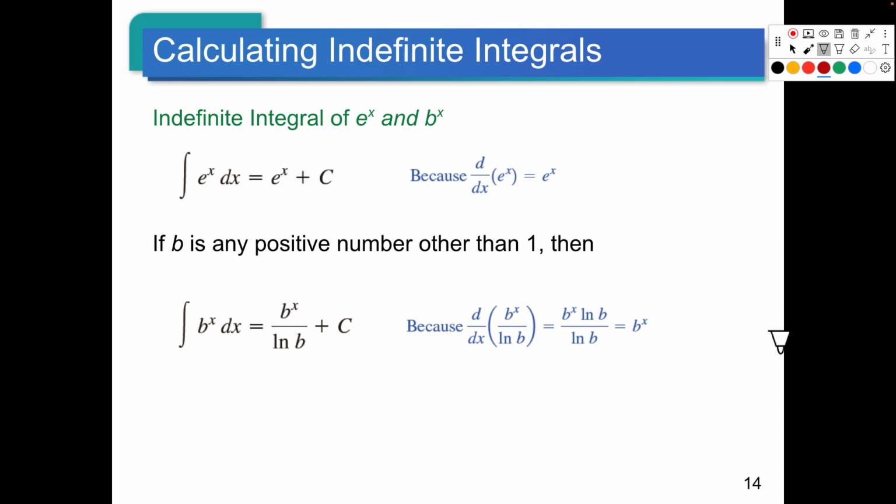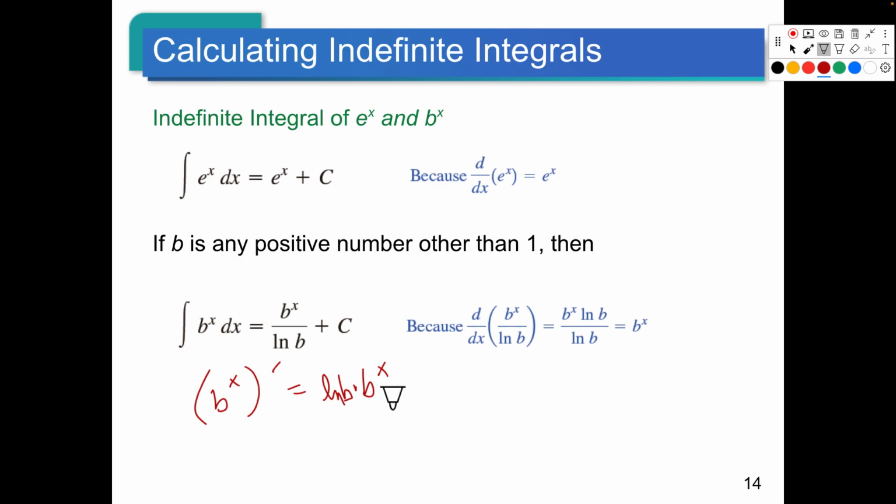Now remember, if we have a different base, I didn't cover this because we don't do it that much, but there's this natural log of b that comes off when you take its derivative. Just a little practice. If we had b to the x, when we take its derivative, you get b to the x, but then you also have to multiply by the natural log of b.